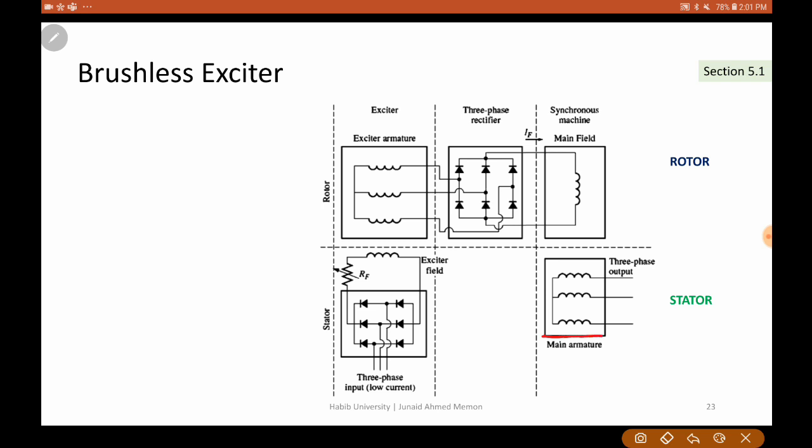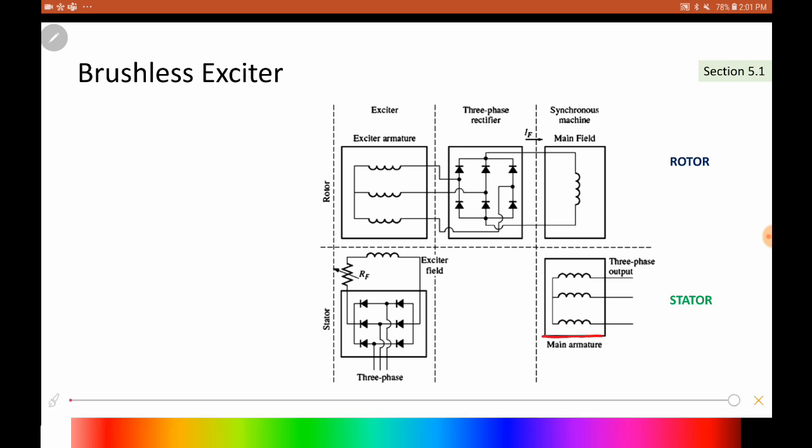Maybe I will draw the parallel diagram, which shows how things will physically look, so that will clear up the placement of this stuff. We have a single shaft which is being rotated by any kind of prime mover.